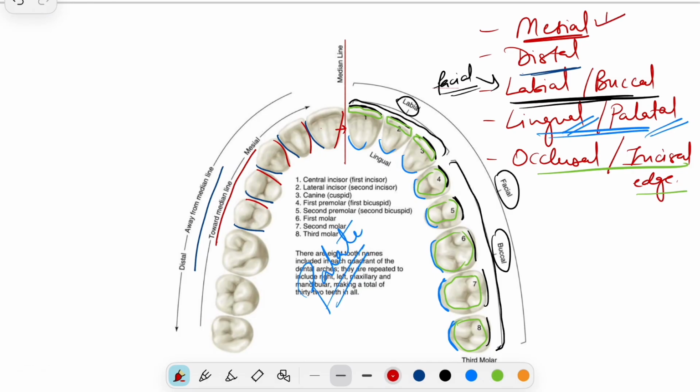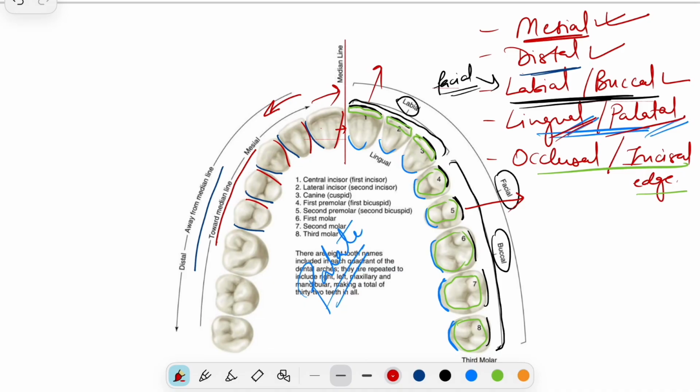We have your mesial surface that is towards your midline. We have your distal surface that is away from the midline. We have labial surface that is towards the mucosa of the lip, and the buccal surface that is towards the mucosa of the cheek. Then we have your lingual and palatal surface.